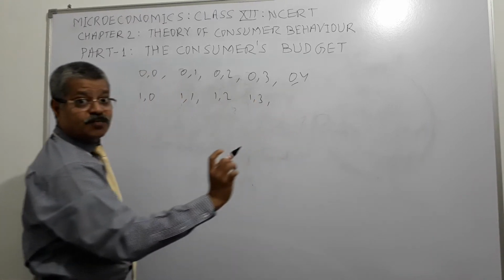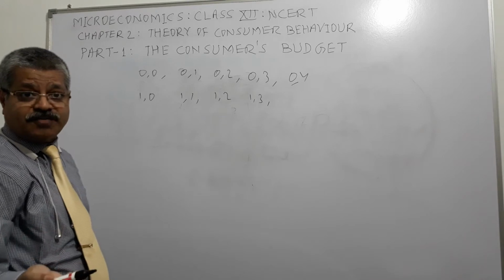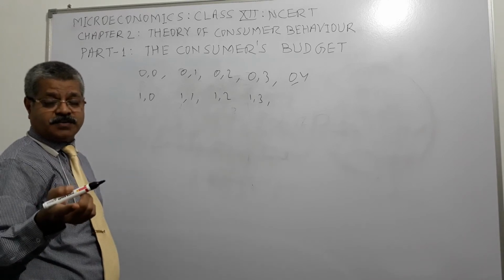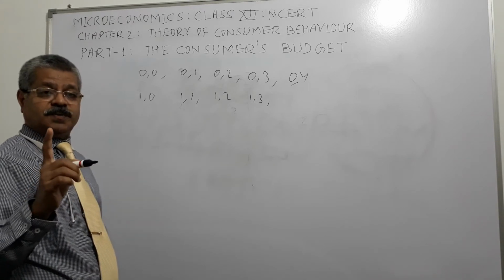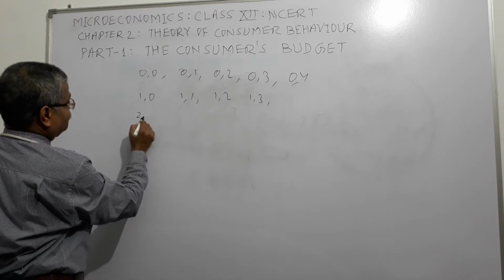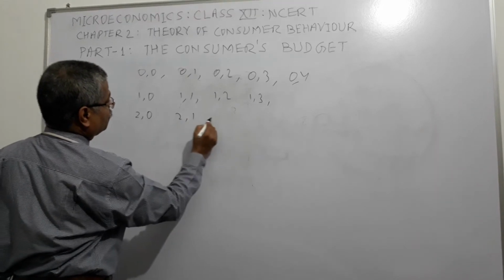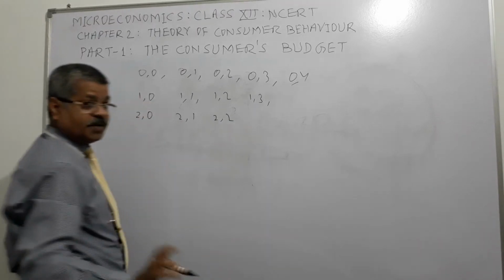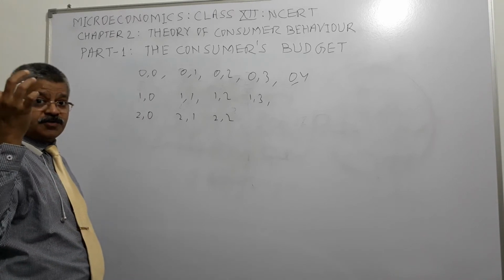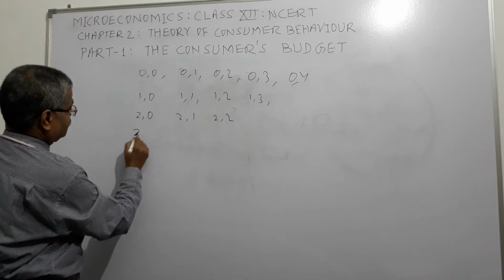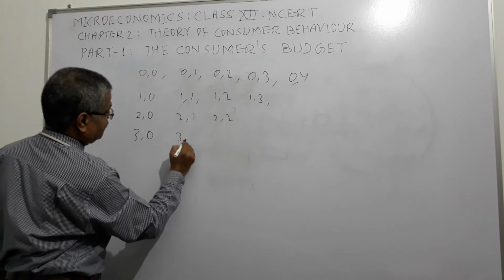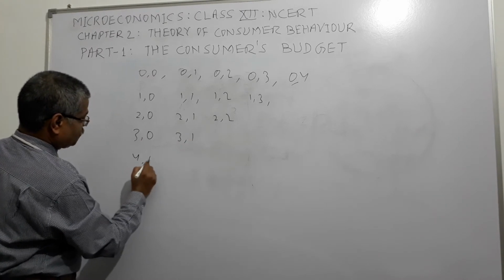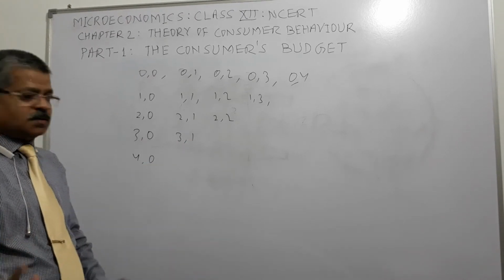I cannot go for (1, 4) because it becomes 5 units, 5 into 5, 25, but we are having only 20 rupees. Similarly (2, 0), (2, 1), (2, 2). We cannot go for (2, 3), that becomes 5 units, 5 into 5, 25. (3, 0), (3, 1), (4, 0).